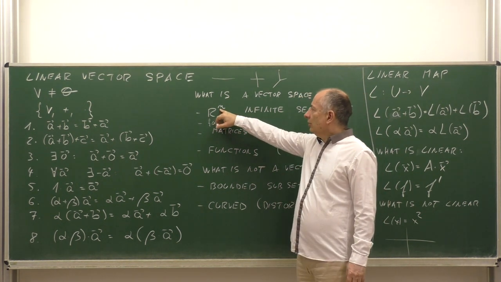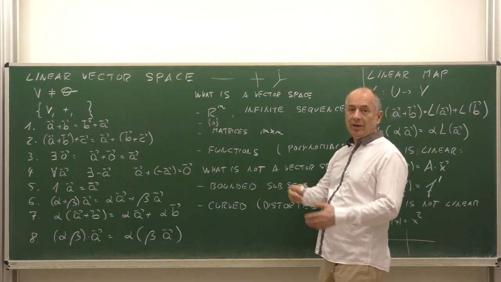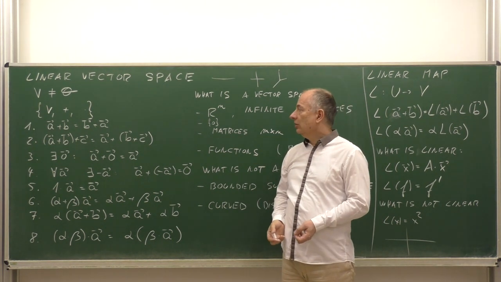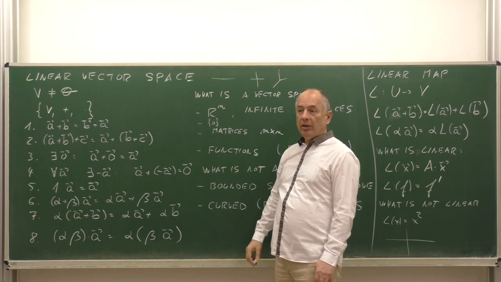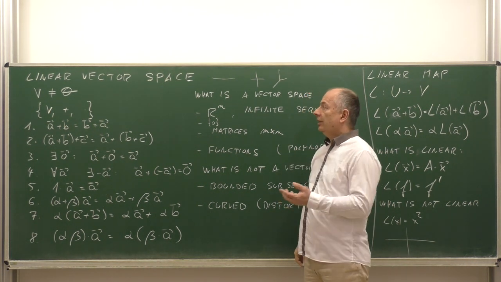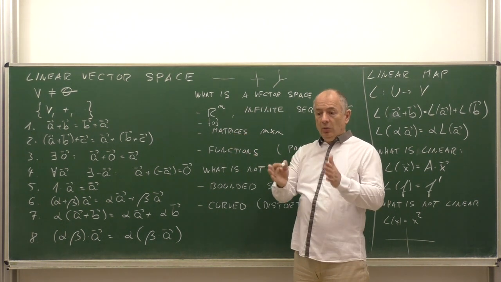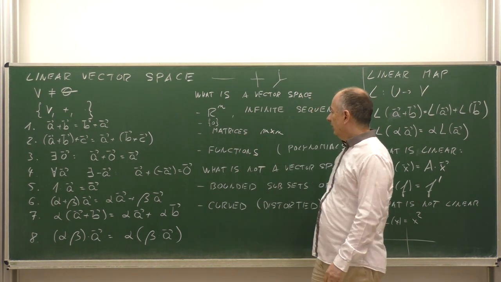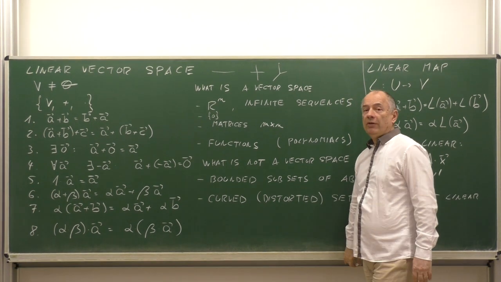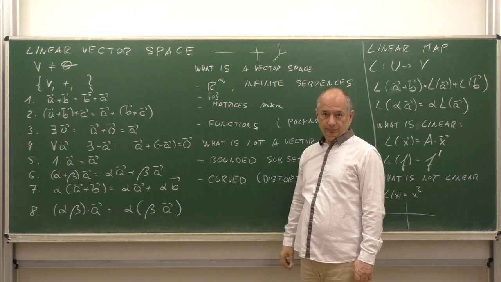We can consider not only finite n tuples, we can consider also infinite sequences, because we can add infinite sequences and we can multiply them by a scalar. Another example of a set that can be considered a linear vector space is a set of ordered matrices with fixed dimensions, n times n. And what is very important, the set of functions.